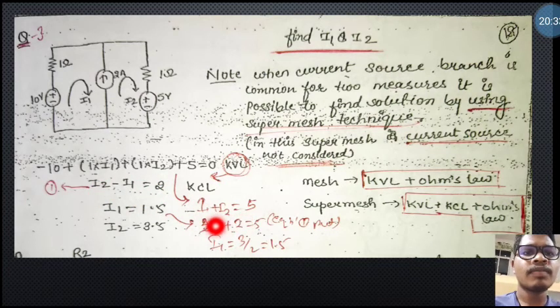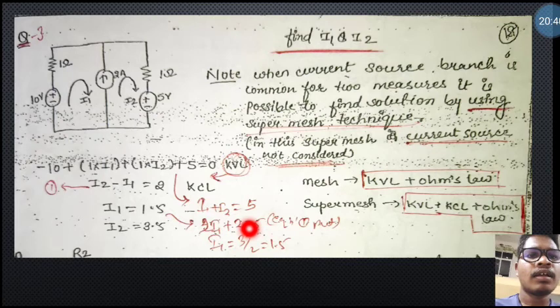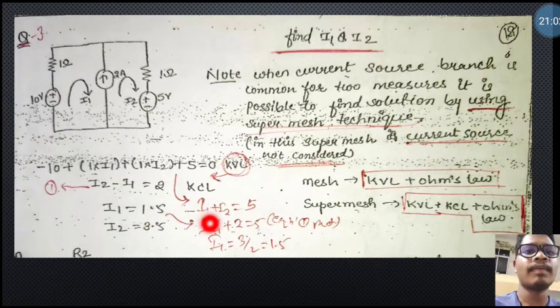So 2 plus I1 is put here, I1 plus I1 is 2 I1, so 2 I1 plus 2 is equal to 5, then 2 will be transferred to this side, 5 minus 2 is equal to 3, and I1 is equal to 3 by 2, that is 1.5. Then put the value of I1 in equation number 1, and we will get I2 is equal to 3.5. So this is your answer, I1 is equal to 1.5 and I2 is equal to 3.5.